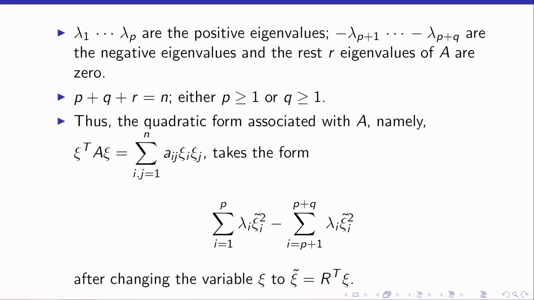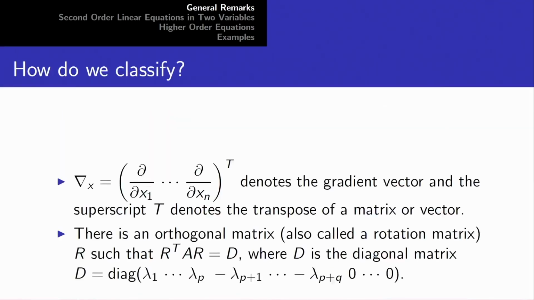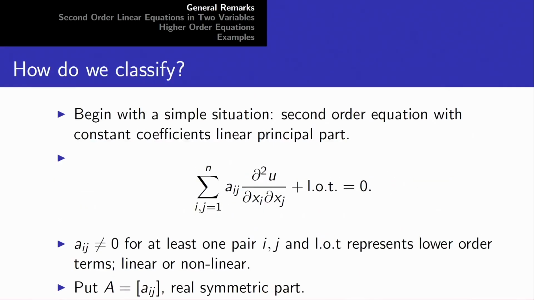In a sense, for the classification, going back to the PDE, we want to somehow get rid of the mixed derivatives del square u by del x_i del x_j, with i different from j.